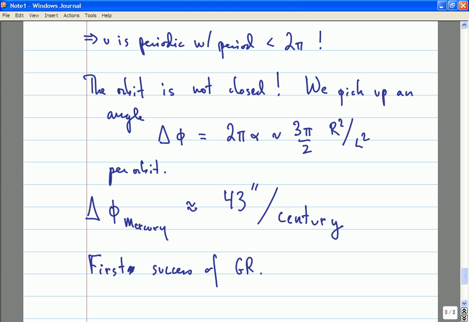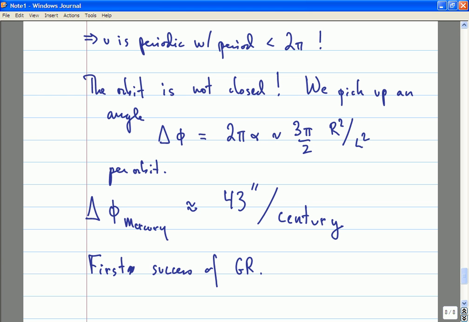So when I say that this general relativistic effect can be observed, that's true, but you need to be very careful to account for all of the other effects which would alter the orbit of Mercury, including those from other planets. So for a very long time, in fact, it was believed that the additional 43 arcseconds per century was not due to the fact that Newtonian gravity was incorrect, but was rather due to the fact that there was another planet that we hadn't discovered.